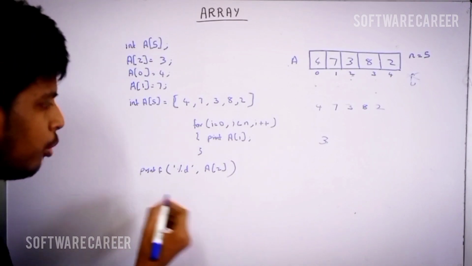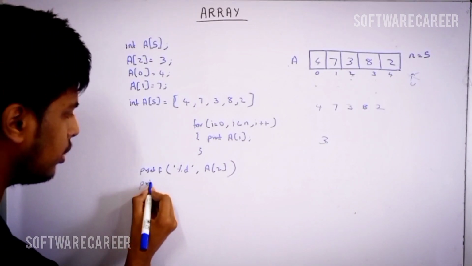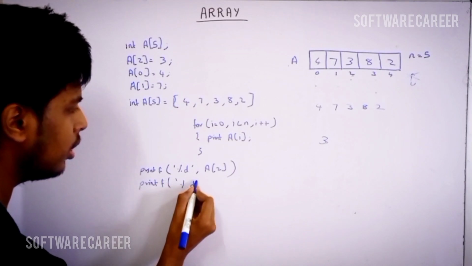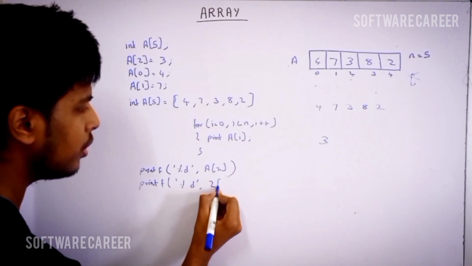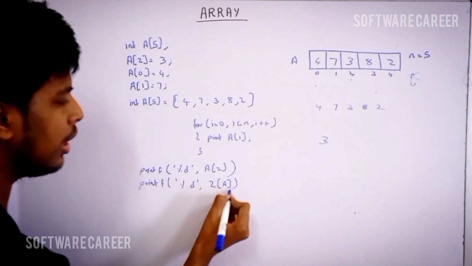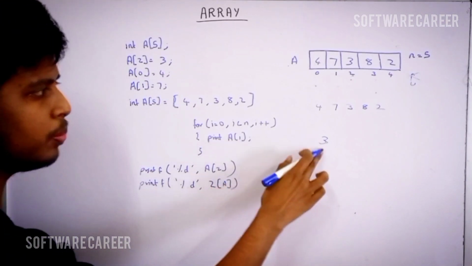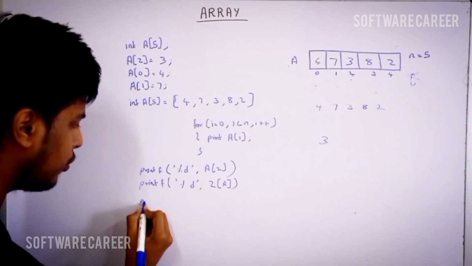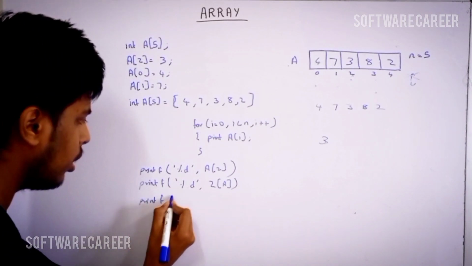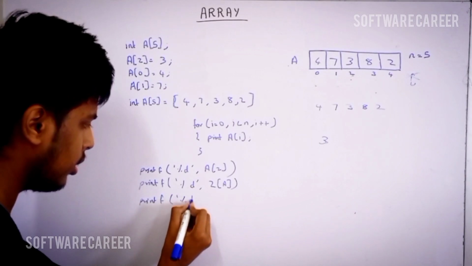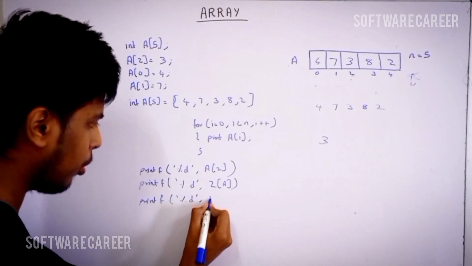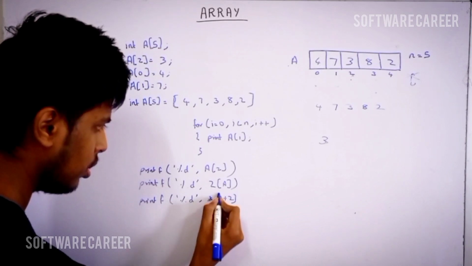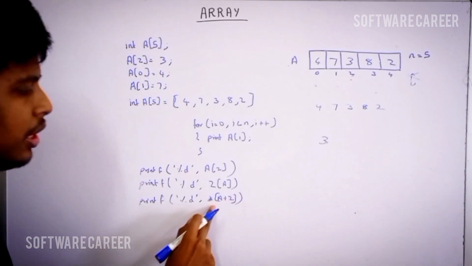Now the next method for printing in C is printf("%d", 2[a]). If you write it like this, 2 of a, it also prints 3. Then the next method, printf("%d", *(a+2)).